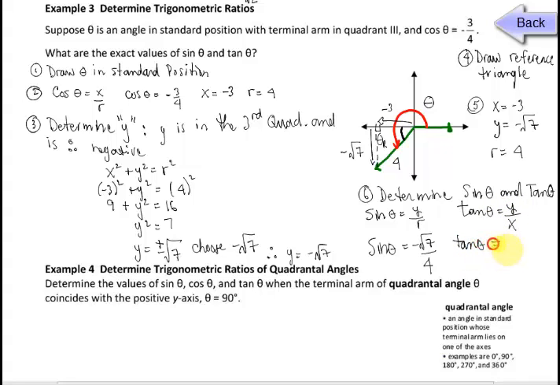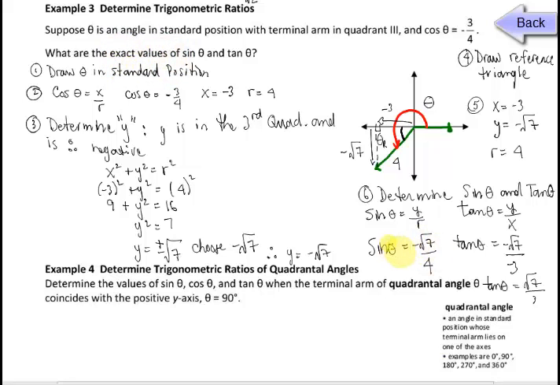And so tan of theta is going to be equal to -√7/-3. And so we know that tan of theta is equal to the positive square root of 7 over positive 3, because a negative divided by negative is a positive.